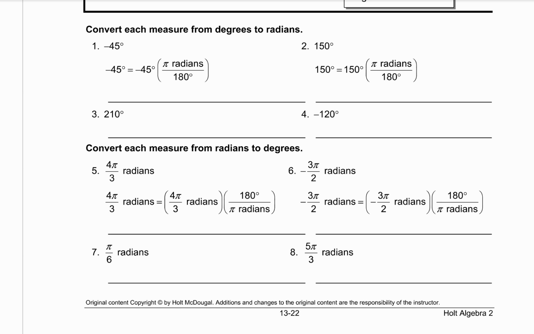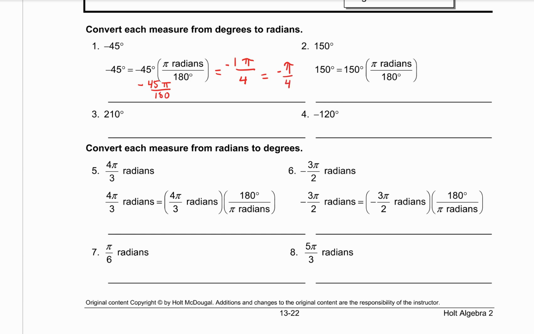So it should technically be negative 45 pi over 180. So that becomes negative 1 pi over 4, or negative pi over 4.